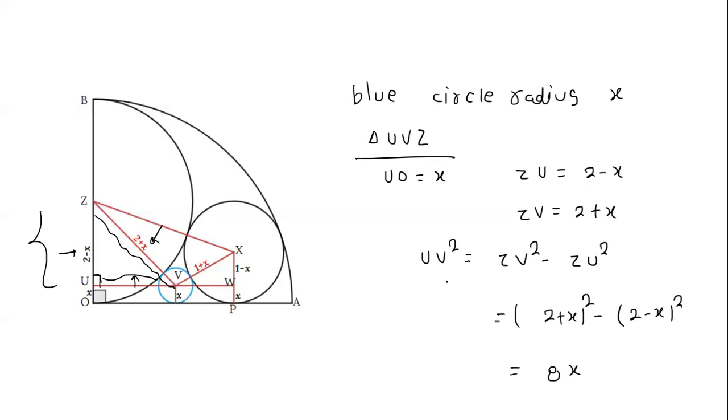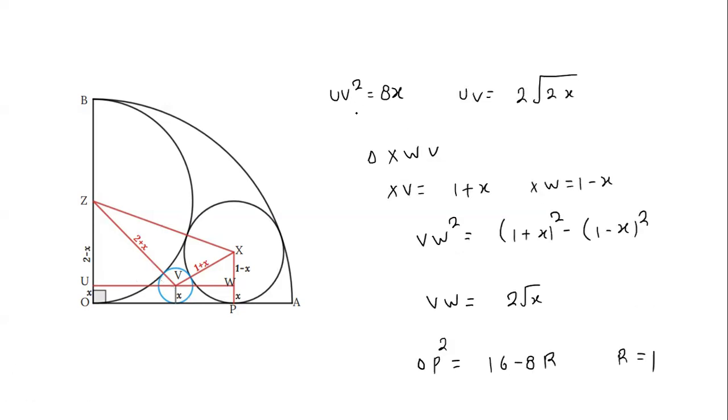So we can write UV square as ZV square minus ZU square. ZV we know it is 2 plus x, and ZU it is 2 minus x. So after simplifying, it will become 8x. You can simplify this. So from here we can calculate the UV value as 2 root of 2x. So this is the UV value.